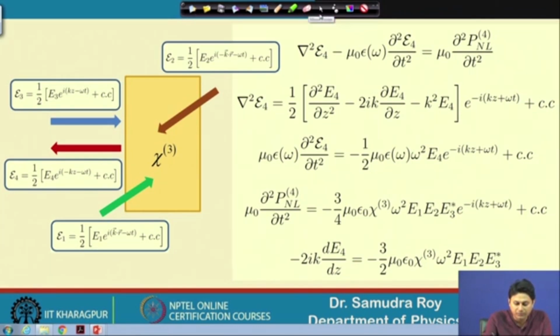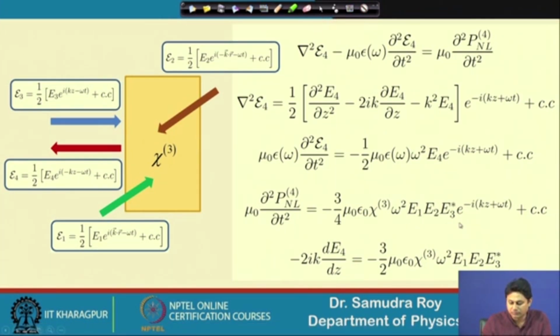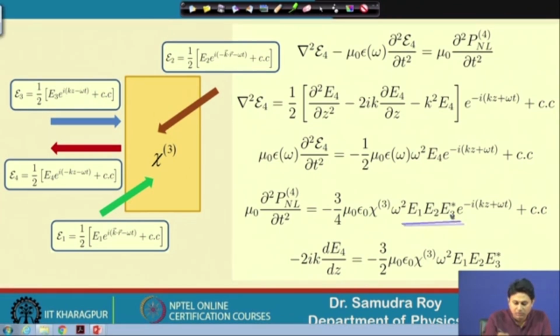This amplitude term will be E1, E2, E3 star, and this is the corresponding phase.